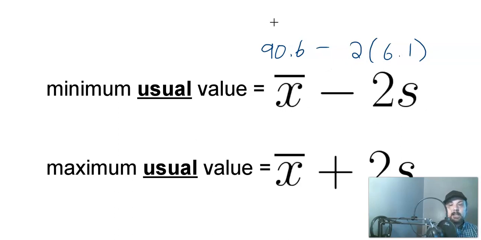So multiplying this by 2, again, I'm trying to avoid having to grab a calculator. We get 90.6 minus 12.2, right? 2 times 6 is 12, and then 2 times 0.1 would just be 0.2.